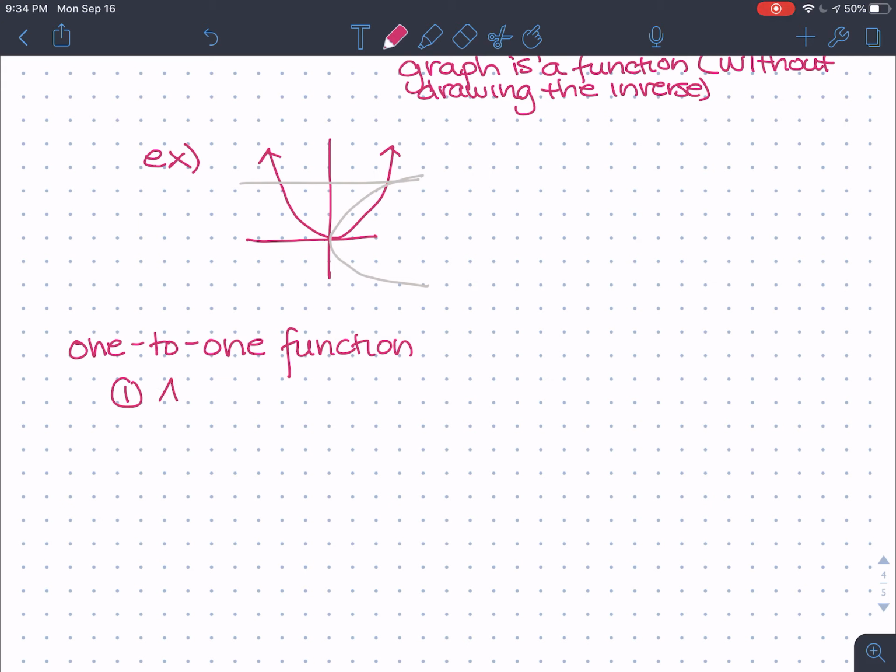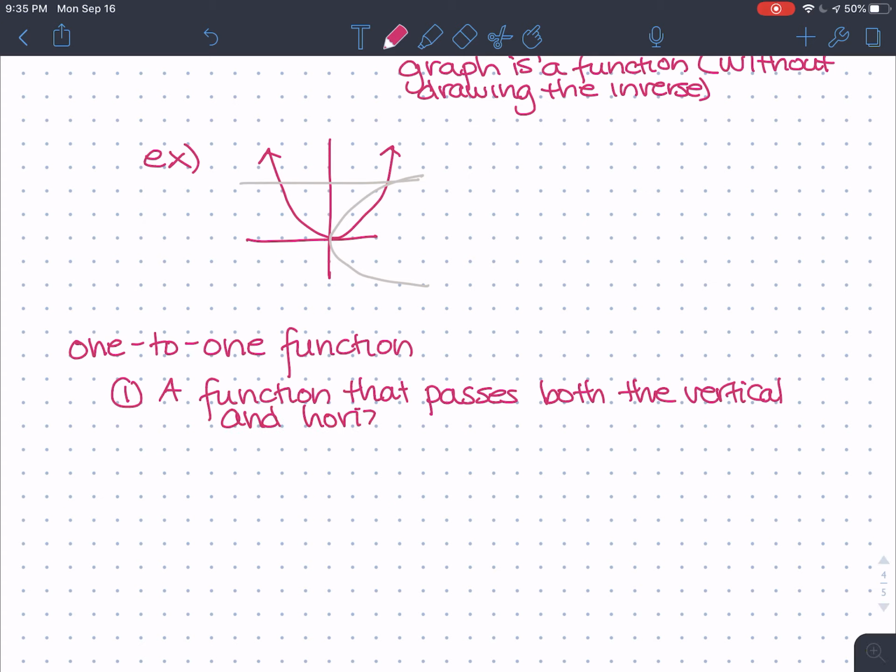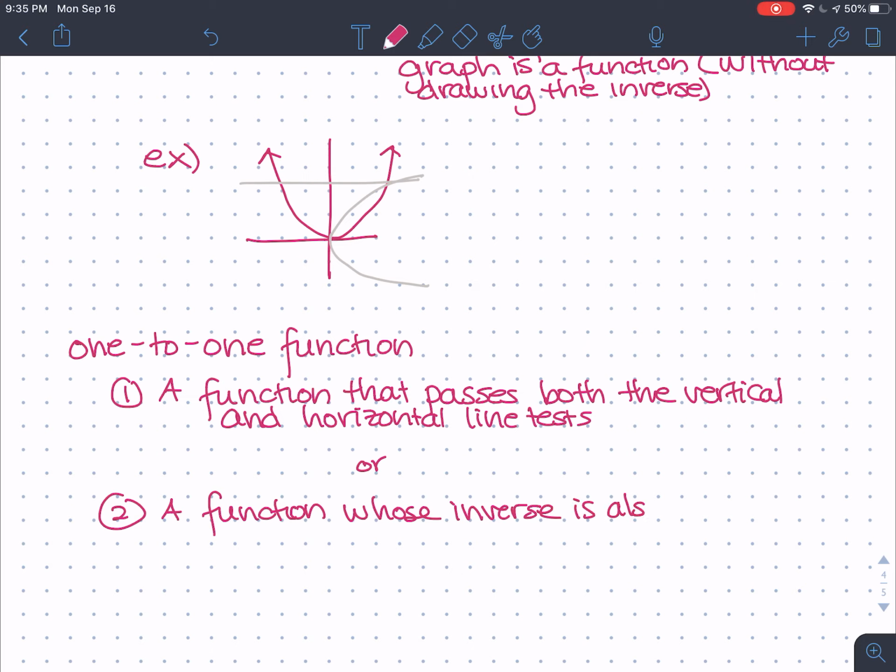You can either think of it as a function that passes both the vertical and horizontal line tests, or you could think of it as a function whose inverse is also a function.